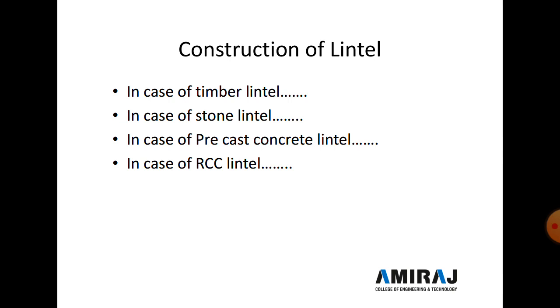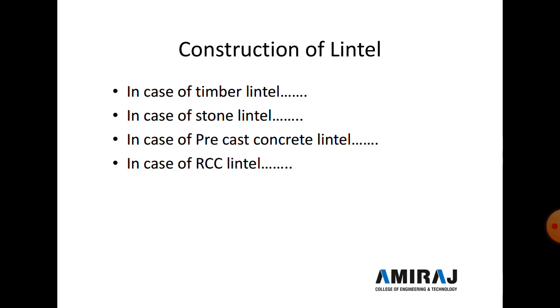So for construction of the lintel, first we start with the timber lintel. A wooden log is cut to the required size of the lintel along with proper finishing, and then it is directly placed over the opening area. So here the wooden log is cut to a regular or required size, width, height and length, exactly, and after finishing we directly place it over the opening area.